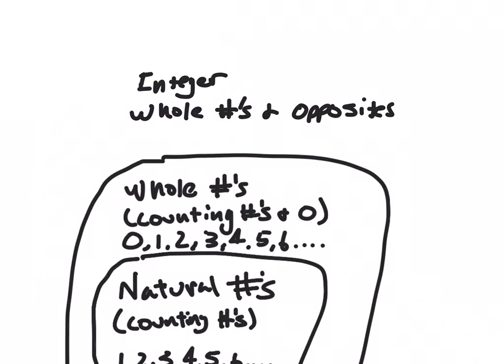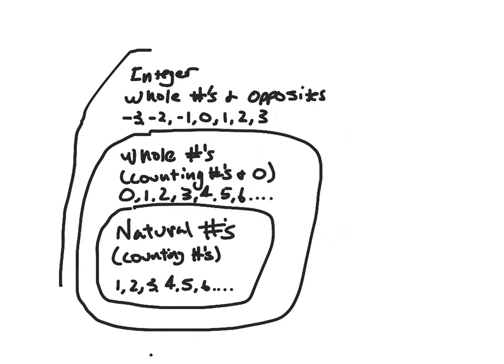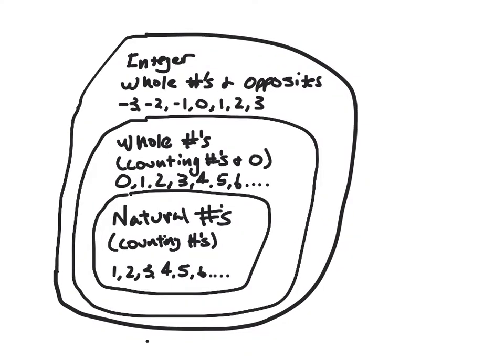This includes numbers like -3, -2, -1, 0, 1, 2, and 3. So an integer contains all of these numbers. It contains the whole numbers and the counting numbers and the natural numbers, but it also contains the negative numbers as well.